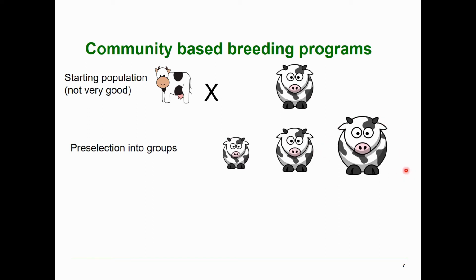But let's say that the trait we are measuring is growth, so the size of the animals. But for an unmanaged population, it is really hard to identify the really good animals. And then what tends to happen is that the population stagnates, or it could even happen that they get progressively worse.